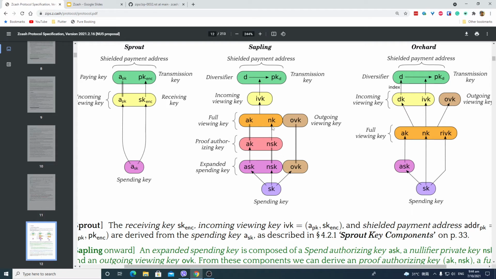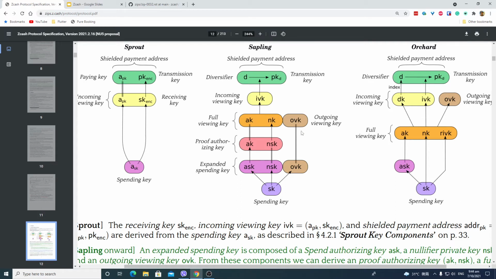Because obviously each node will have a different nullifier. But what we should know is that this N key plus the node will give you the nullifier. And this one here is for signing, so that's all we should remember about it.